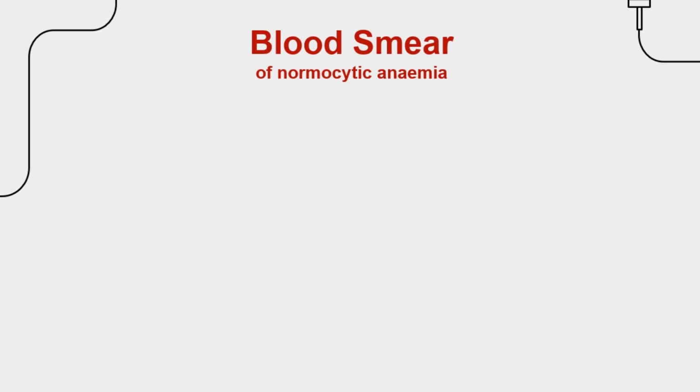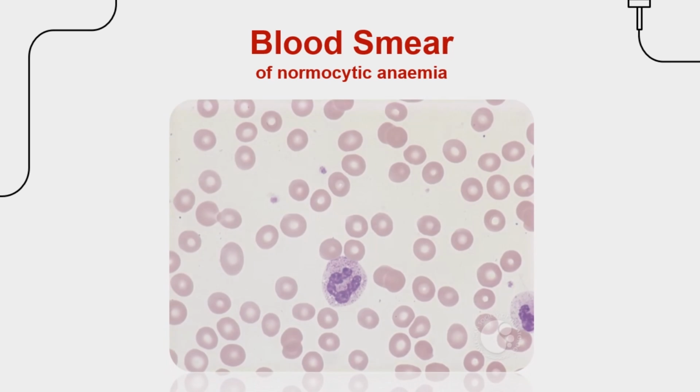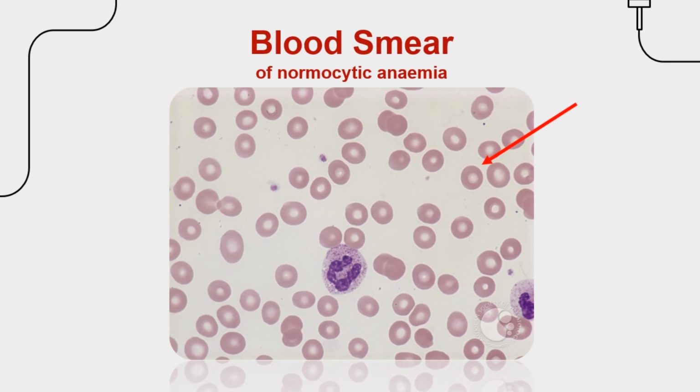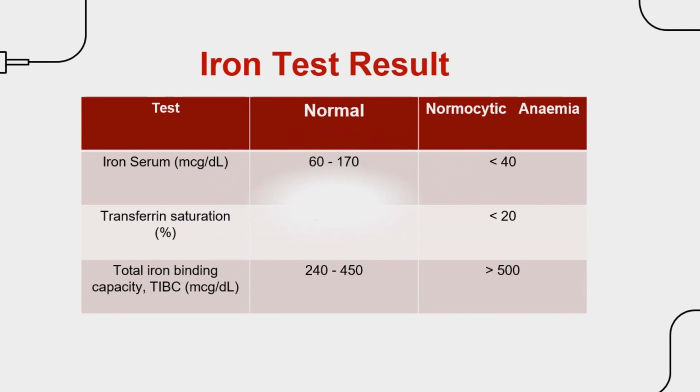Here is an example of an observation of a blood smear test taken from a patient with normocytic anemia. As you can see, the red cell size is normal but low in number. Next, this is the table of the iron blood test results, which we can use to compare between a normal person and a normocytic anemia patient.